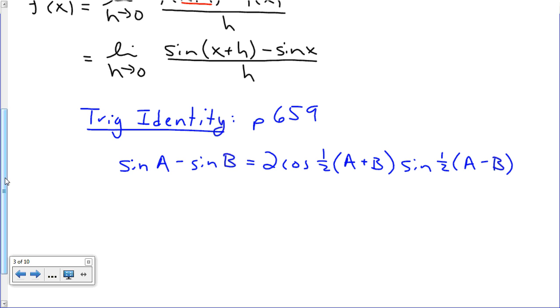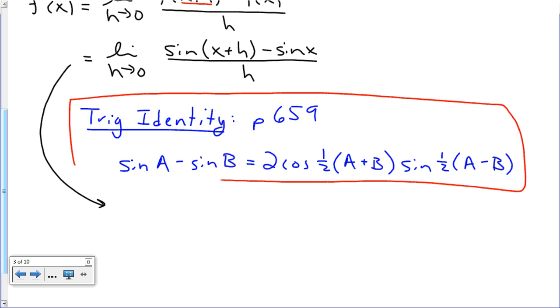Okay, so going back to, I'm just going to draw an arrow here to indicate we're going to continue on from where we left off there. This is just kind of a little side note for us, that we're going to use that little property here.